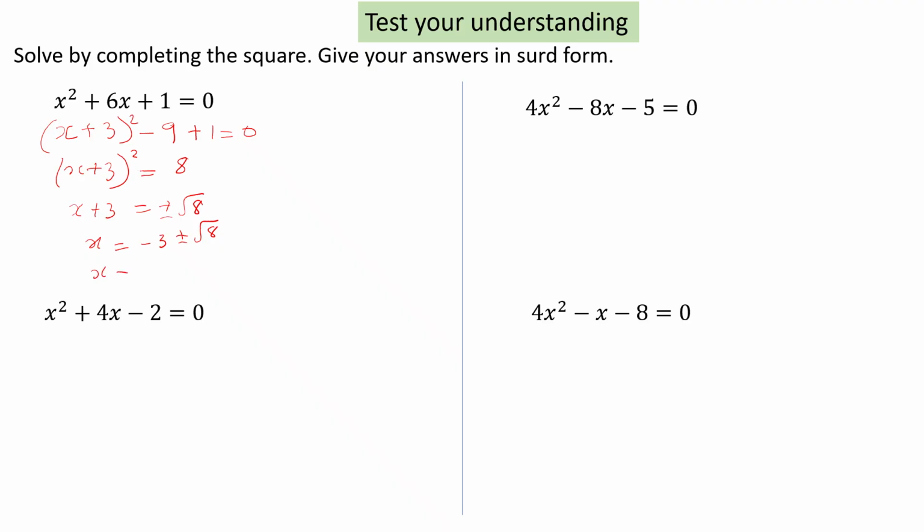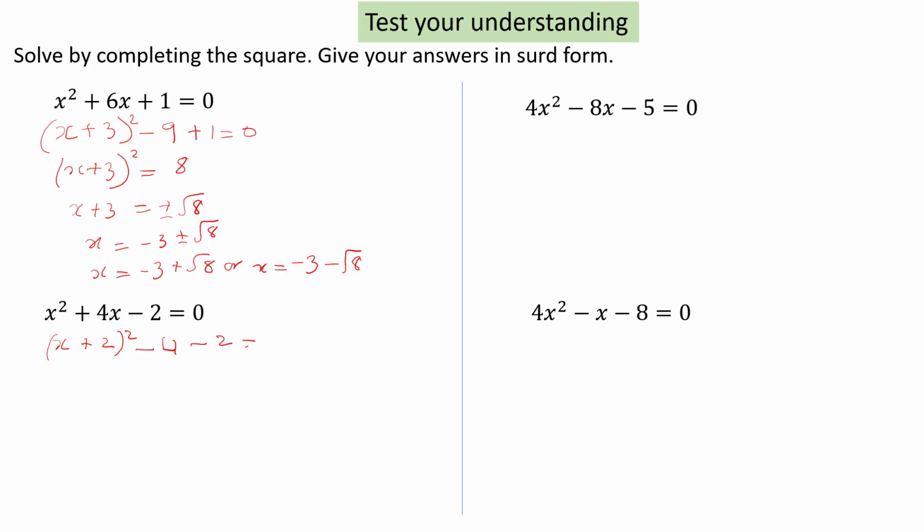So we have two answers. x equals minus 3 plus root 8, or x equals minus 3 minus root 8. Next one, x squared plus 4x minus 2 equals 0. So x plus half of 4, which is 2, squared. Take away 2 squared, which is 4.